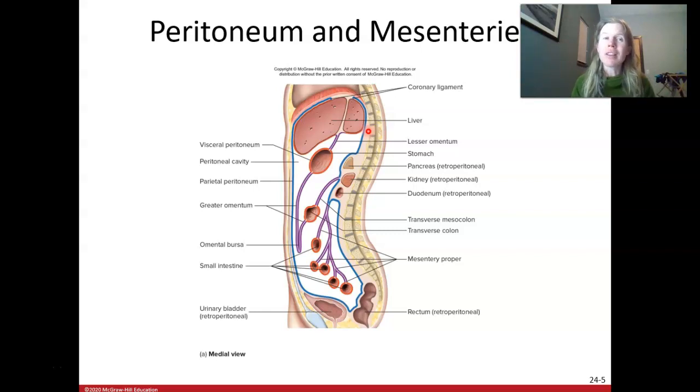Okay, so one of the things to keep in mind with this peritoneum, again, they're serous membranes, and so they're producing serous fluid. And this is meant to decrease friction between these layers of the organs, because there is a lot of movement going on, particularly in the digestive tract here.